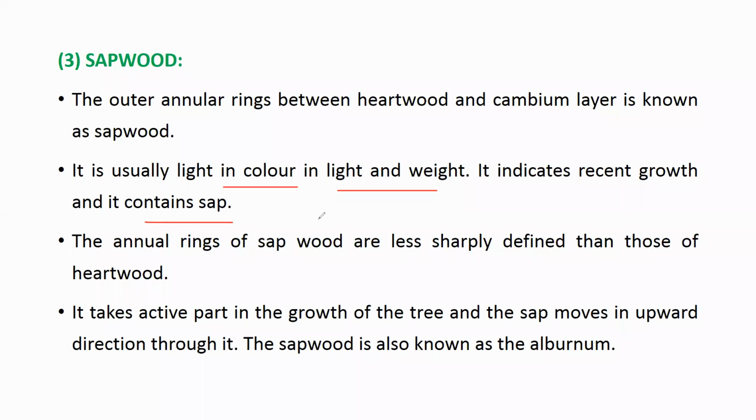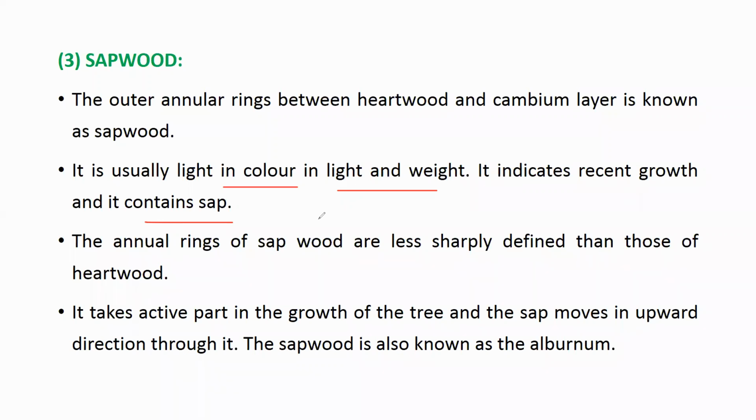And this sapwood is a recent growth in the tree, and it is responsible for the transfer of water and nutrients. The center portion, heartwood and pith, is a dead portion now.